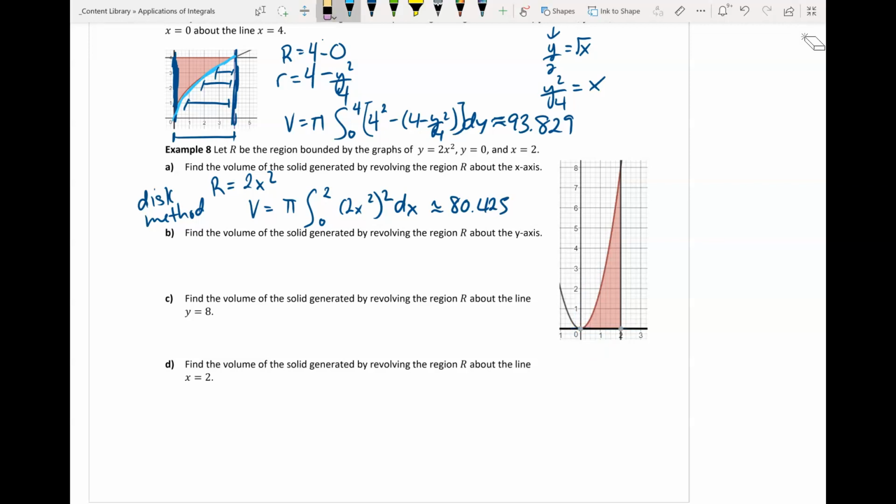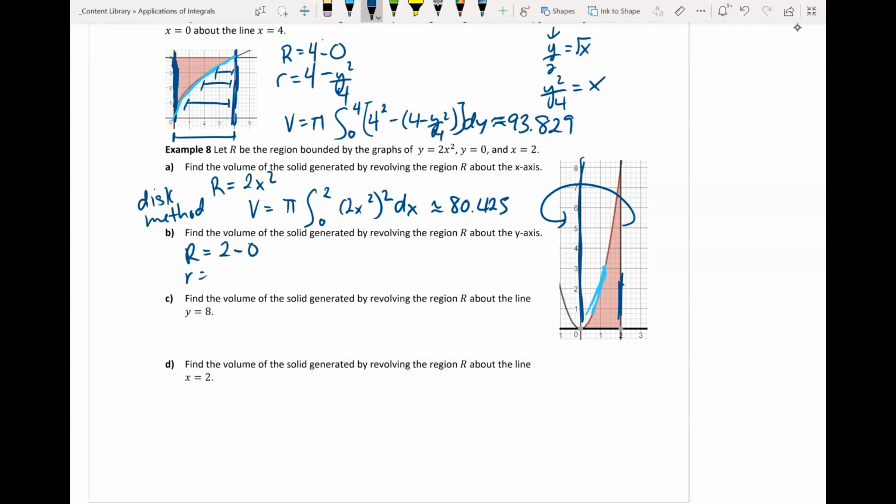Now we are going to revolve around the y-axis, and in this case I'm going to use the washer method because there's this big gap here. It's going to create the hole for your washer. We're revolving around like this, which means this line is the outer and this one is the inner. So our big R is going to be 2 minus 0.